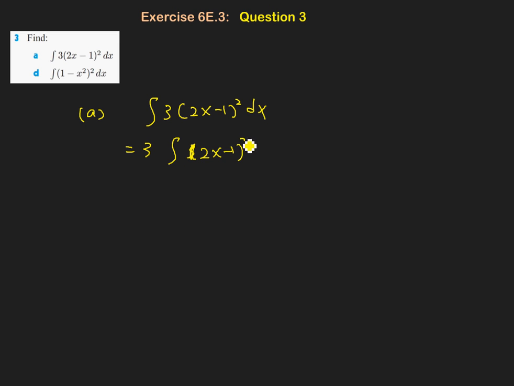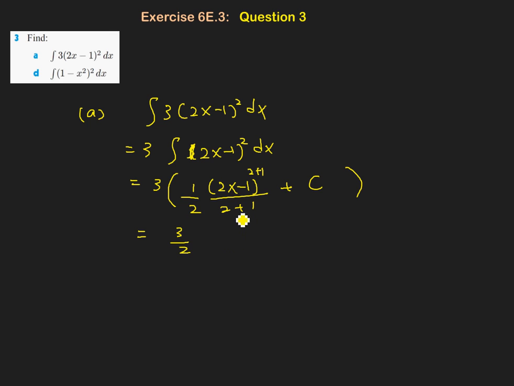You have this. So I'm going to do this directly. I put brackets to avoid confusion. So this is 2x minus 1 to the power 2 plus 1, over 2 plus 1, times 1 over A, in this case 2, plus C.